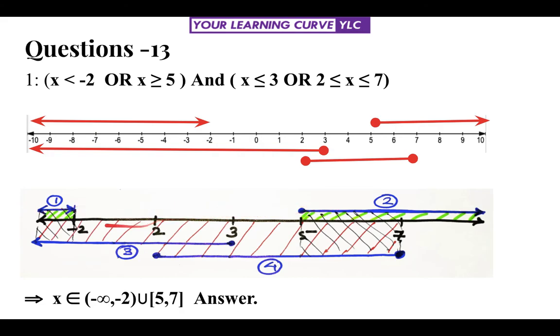First two inequalities I have shaded in green color. Now the first part answer is x belongs to minus infinity to minus 2 and 5 to infinity.